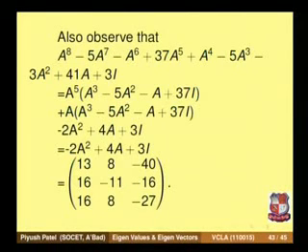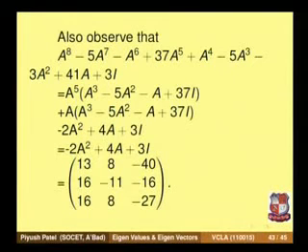Then the third thing which was asked is to find the matrix represented by the given polynomial in A, which is of degree 8. So let us simplify the given expression in A. Let us take A to the power 5 common from the first 4 terms, so that we have A to the power 5 times A cubed minus 5A squared minus A plus 37I.